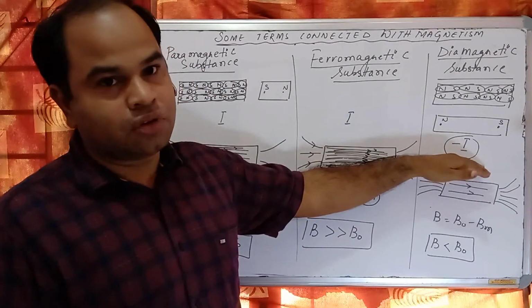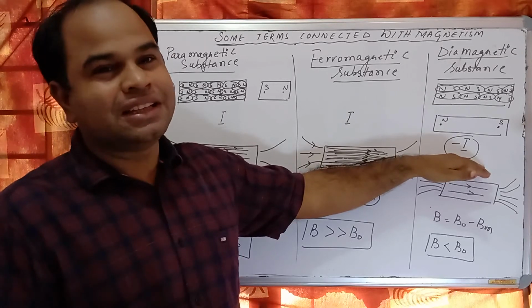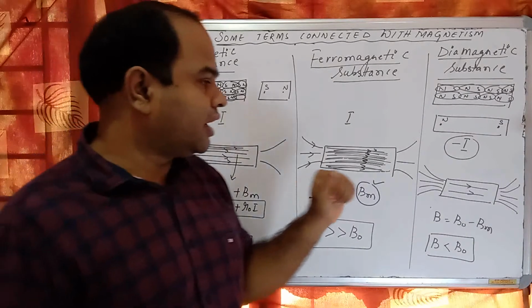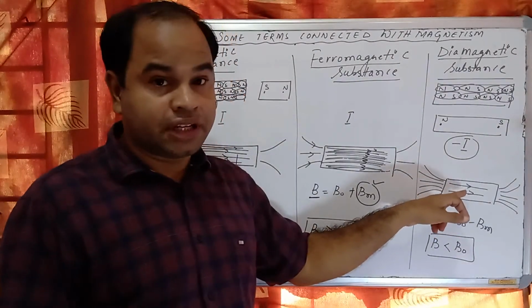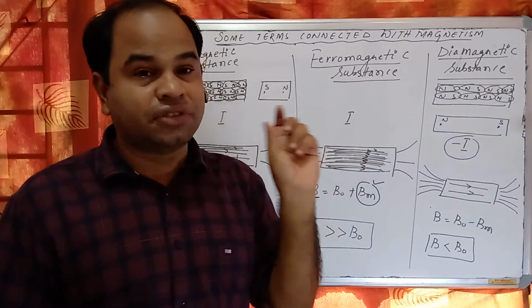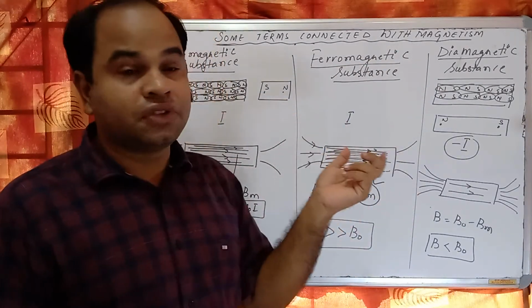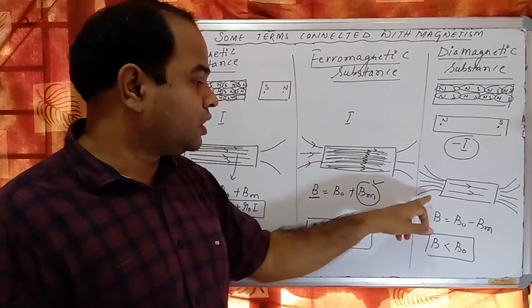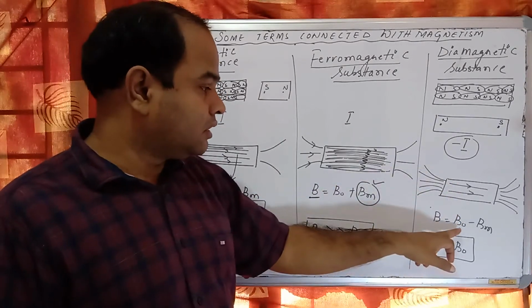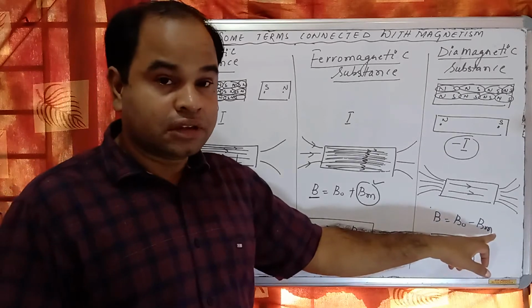We also discussed that the net magnetic field inside a diamagnetic substance is very less as compared to outside because of this opposite direction. So net magnetic field strength inside is external minus induced.